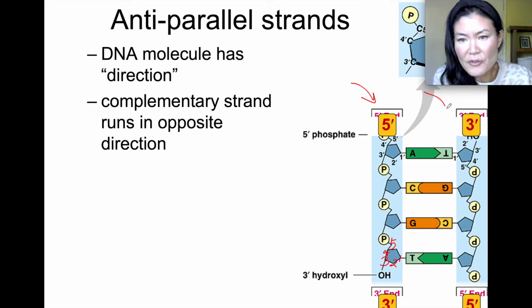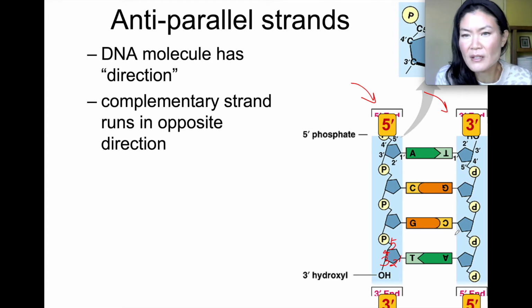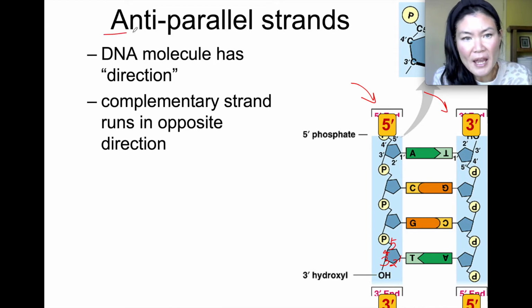There's another strand of DNA over there, and the other strand of DNA is going in the opposite direction. Remember how I said directionality of DNA? Well, the other end, this is the 5' end, this is the 3' end. So we say that DNA is anti-parallel. The 2 strands of DNA are anti-parallel. Anti means opposite. It refers to the primes. The prime ends are opposite.